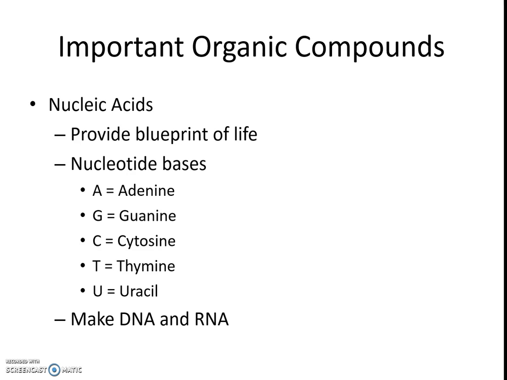And they also have something called nucleotide bases. Now, there are 5 nucleotide bases, but only 4 of them would be in DNA and 4 of them would be in RNA. Adenine, guanine, cytosine, and thymine would be in DNA. Adenine, guanine, cytosine, and uracil would be in RNA.